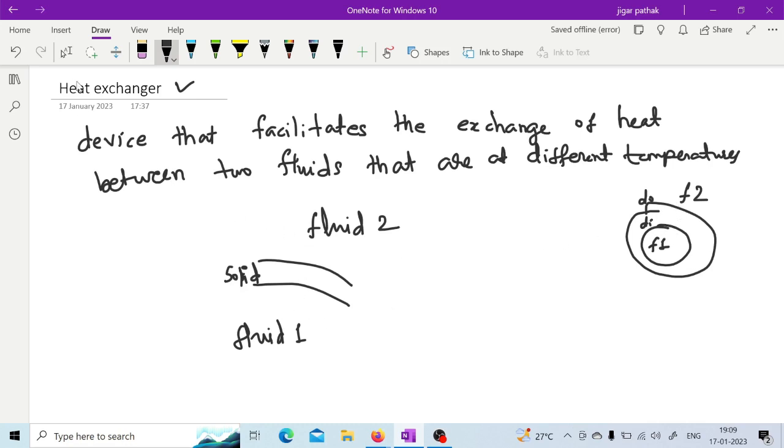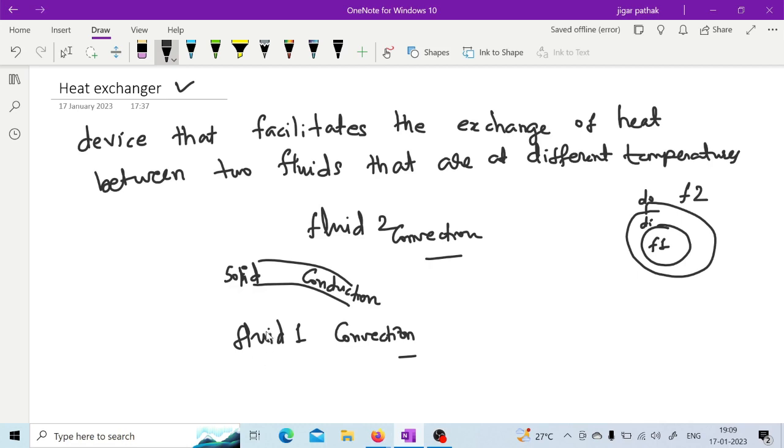So whenever we are discussing heat exchanger, convection will take place in both the fluids, here and here, while in the solid we will have some conduction. So this is the basic of this heat exchanger.